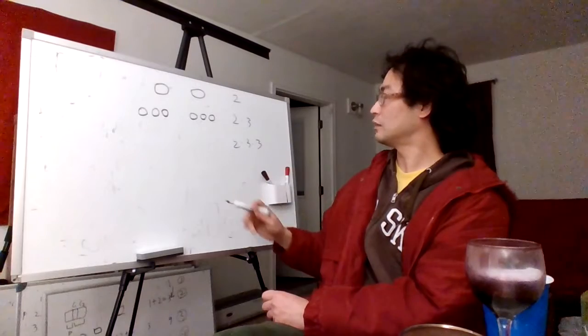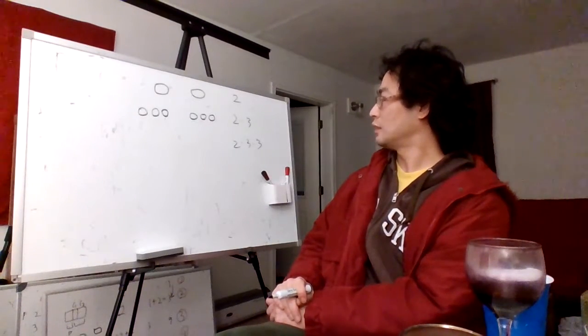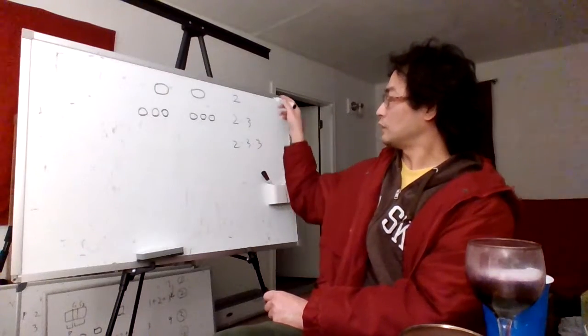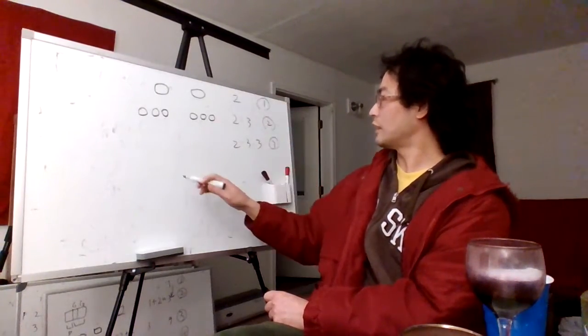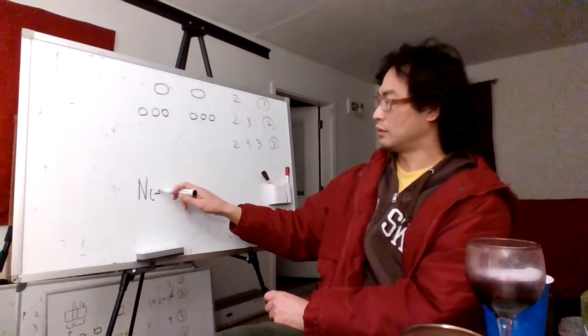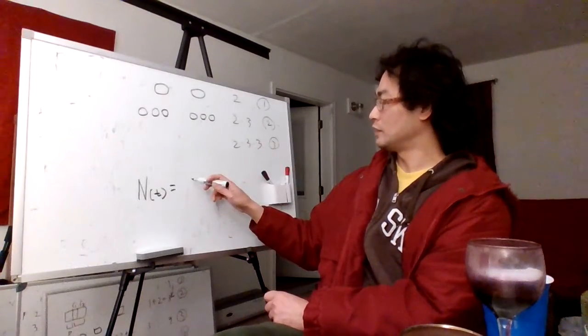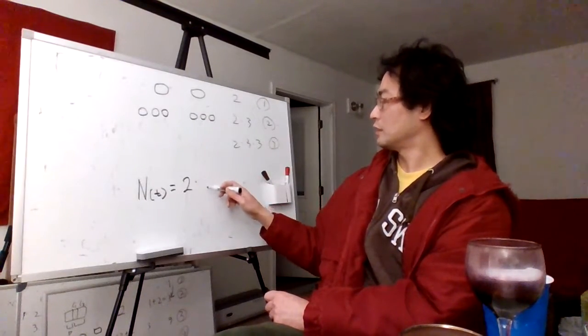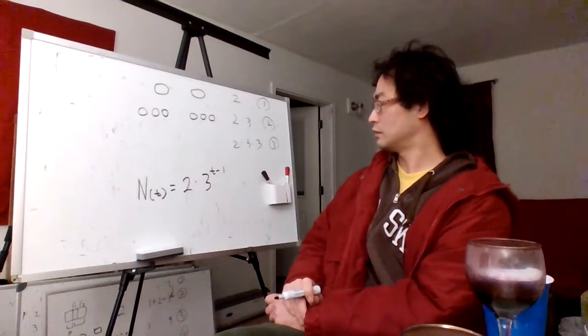This is the second generation, third generation, fourth generation. To generalize, the t-th generation population is equal to the initial population, two, times three to the t minus one.